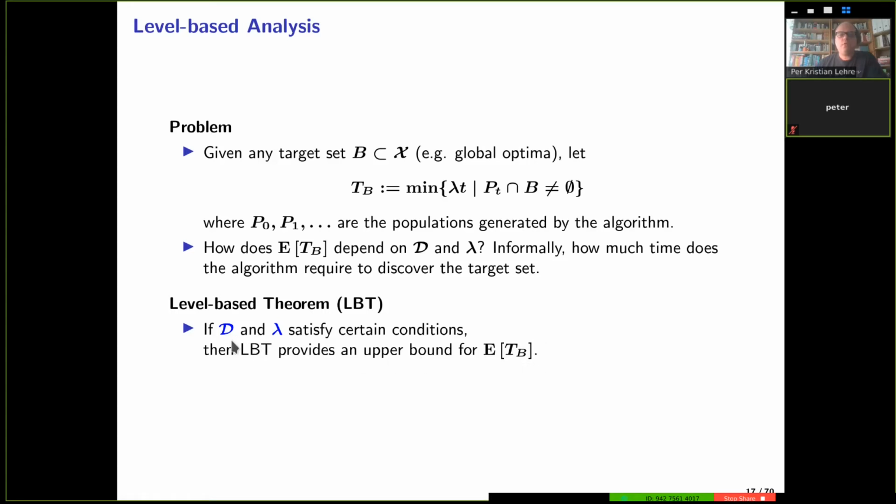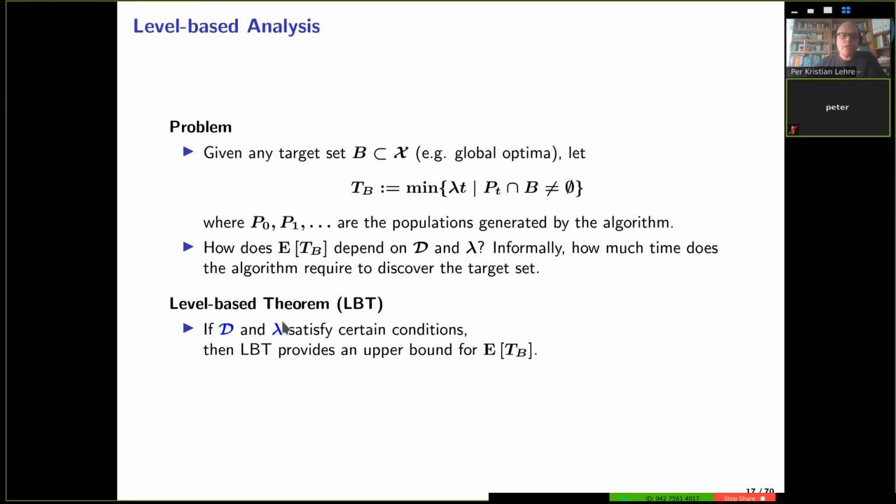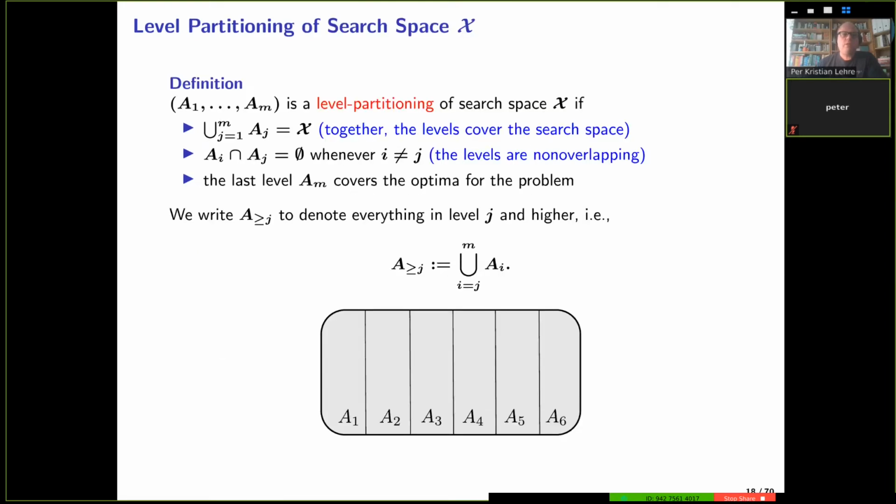So we need to provide some information about D and lambda, and if we can provide that information, then the theorem will give us the upper bound on the runtime. I am now going to tell you what information we need about D and lambda in order to apply this theorem. Before I do that, I need to talk about some concepts.